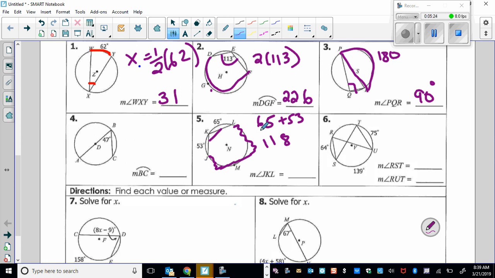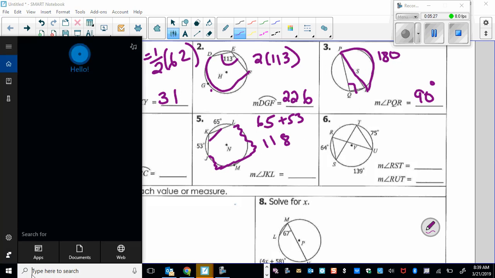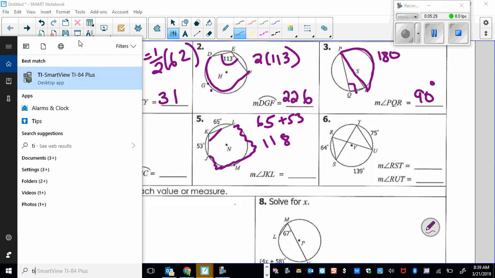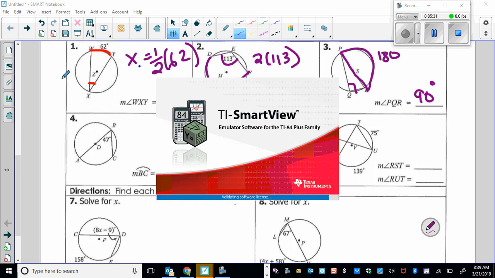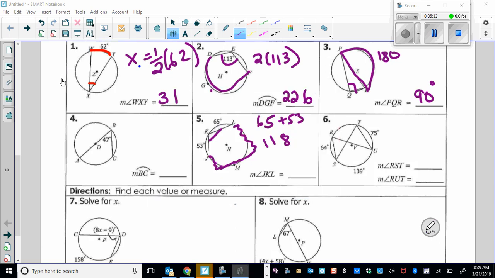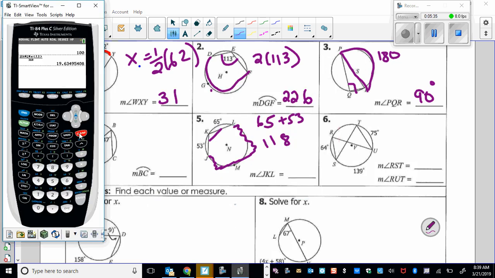Let's put our TI calculator out, so we need to know what is left. I have to do 360 minus 118, because I got 118 by adding 65 plus 53.